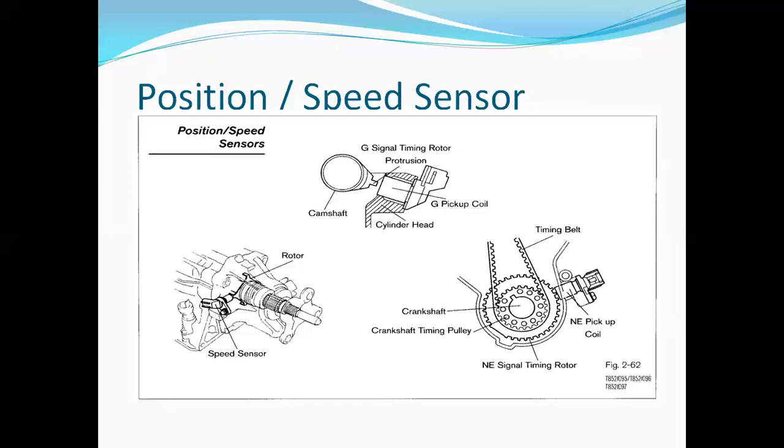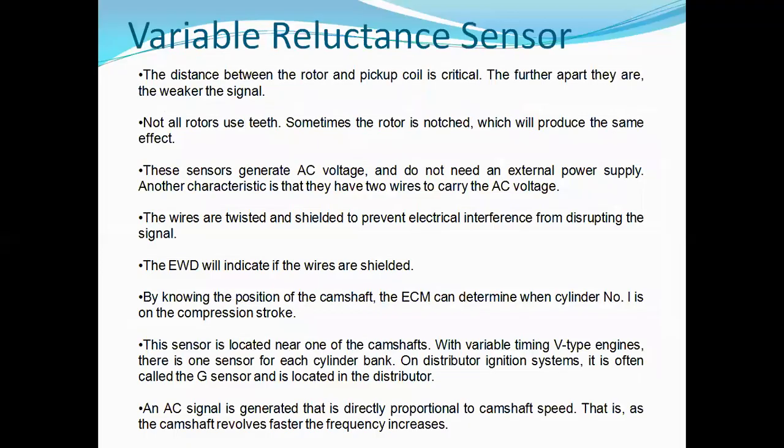Statically, these sensors will be placed at a particular place and will give feedback to the controlling module. How this varies with respect to these particular sensors: the distance between the rotor and the pickup coil is very much critical.